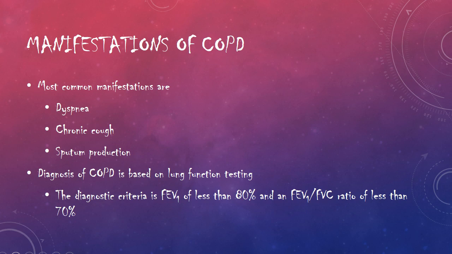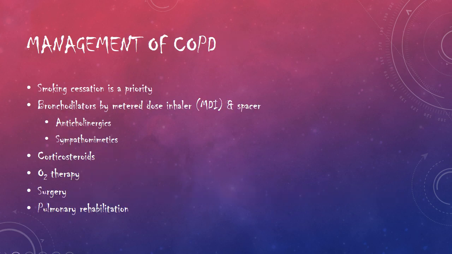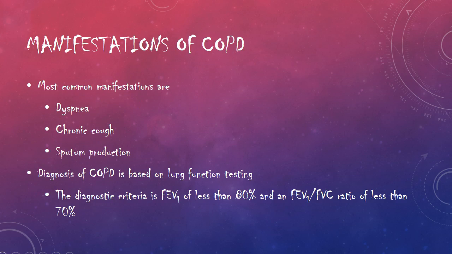Somebody who has a ratio of less than 70% on this lung function test, that's diagnostic of COPD. If it's less than 70%, it's mild COPD. If it's 50% or less, then it's moderate to severe COPD. And remember, that is the amount that you are able to forcibly exhale over 1 minute, over how much you're able to hold in your lungs, that ratio.